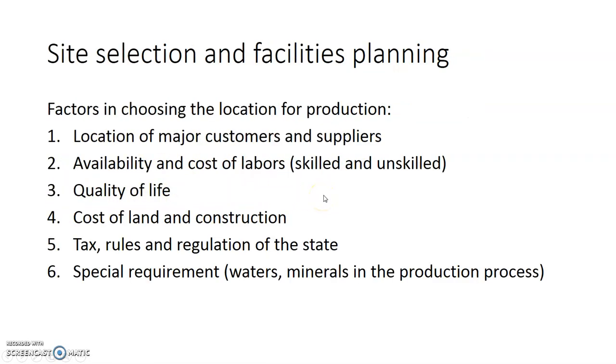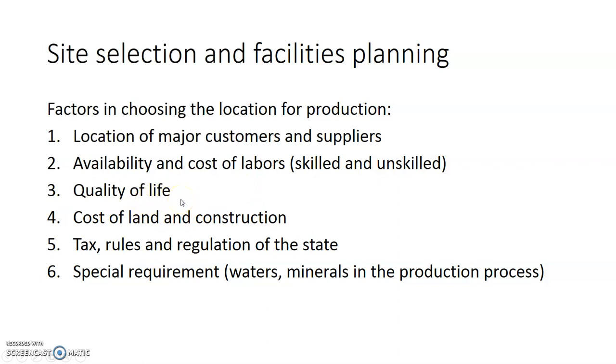When you want to choose the location for production, you need to consider these 6 factors. The first is location of customers and suppliers, availability and cost of laborers, quality of life.